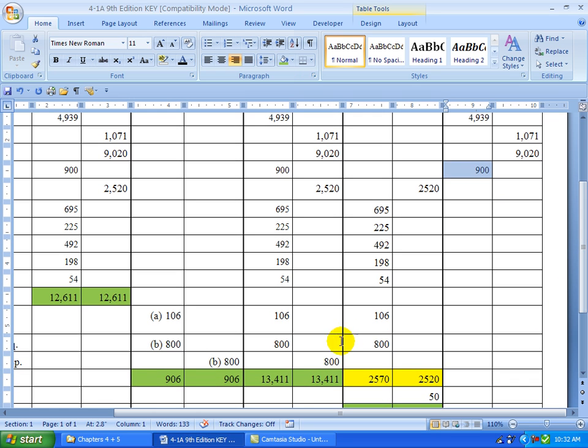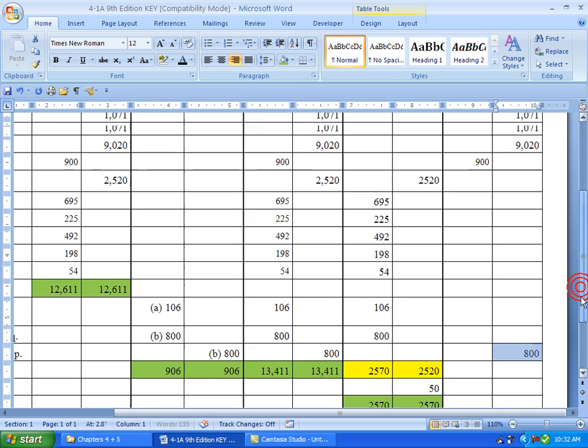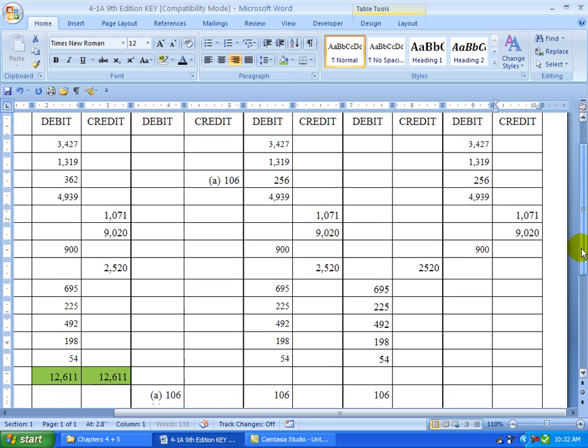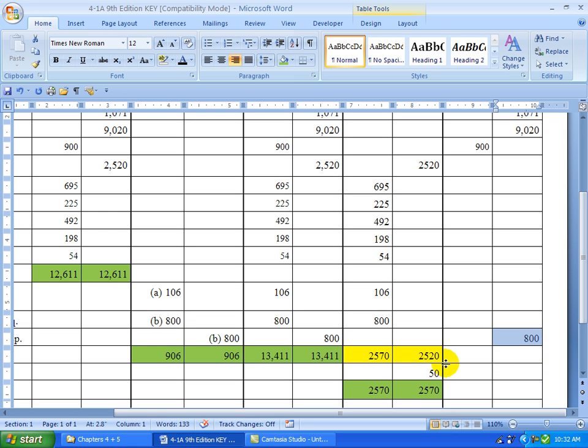But there's one account down here, this contra asset account, this credit, it's going to go over here as a credit because contra asset accounts go in the balance sheet section. So we're going to run a total down here.